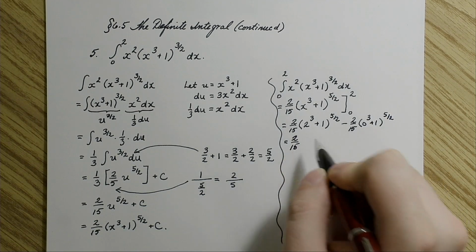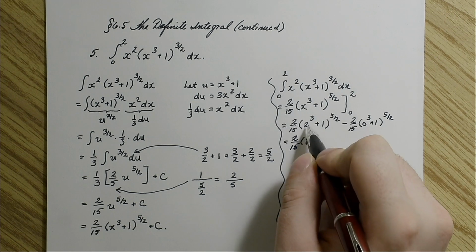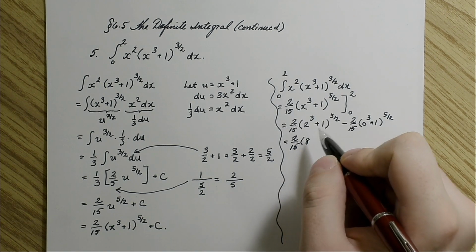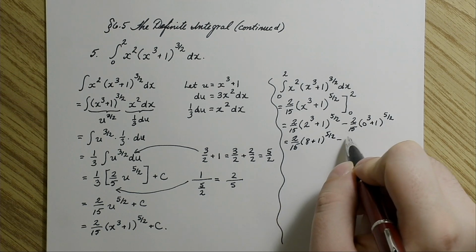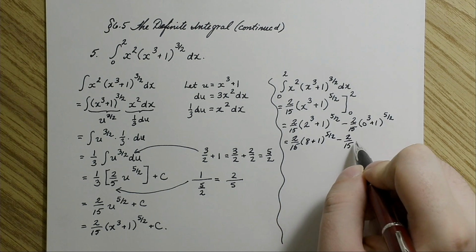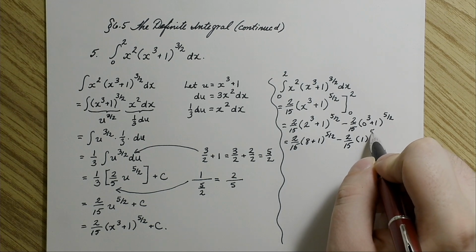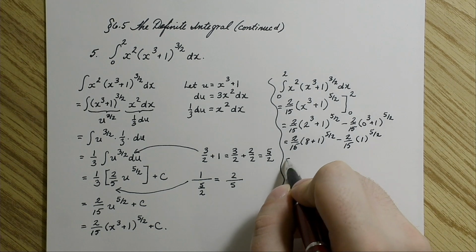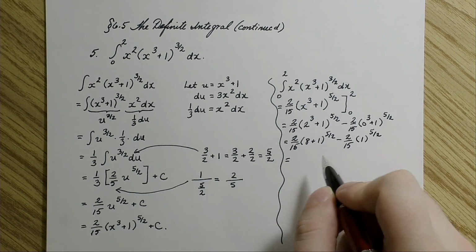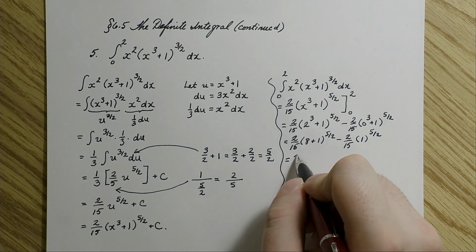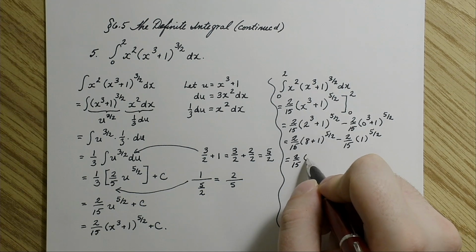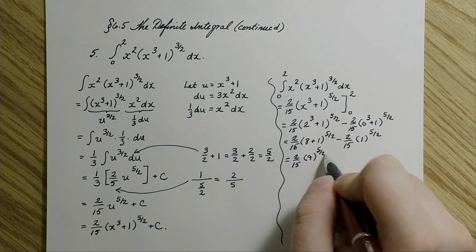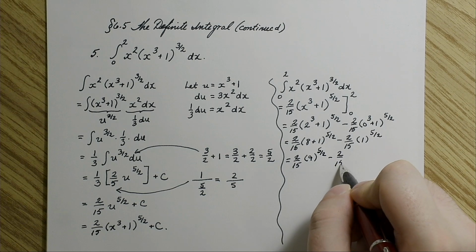And now the rest is just arithmetic. 2 cubed is 8, plus 1 gives 9 to the 5/2, and 1 to the 5/2 is still 1. So I have 2/15 times 9 to the 5/2.